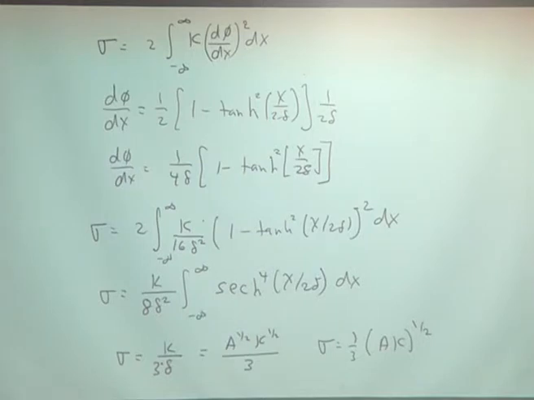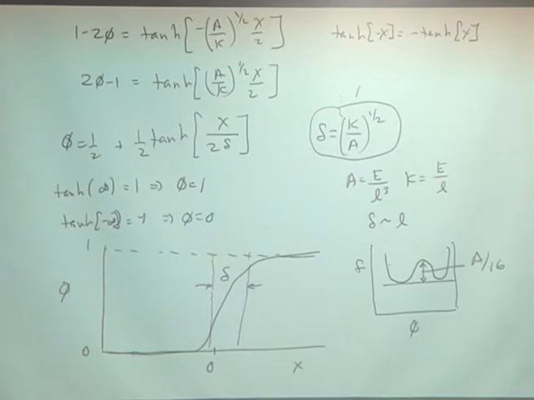So as a goes to 0, sigma goes to 0. Basically, as the amplitude gets very, very small, the interfacial energy goes to 0. That's because you're going towards a critical point where the difference in energy between the two phases gets smaller and smaller, so it doesn't cost any energy to create an interface.